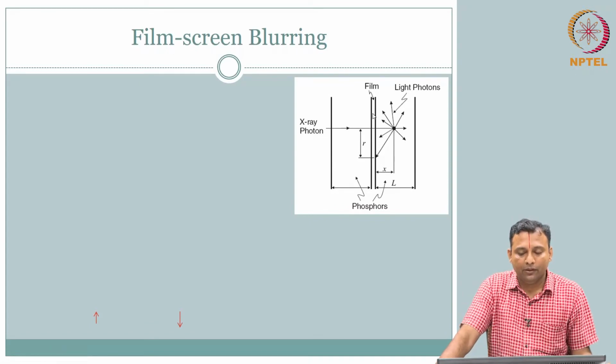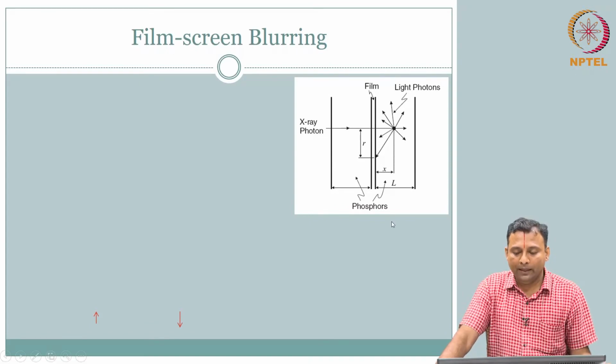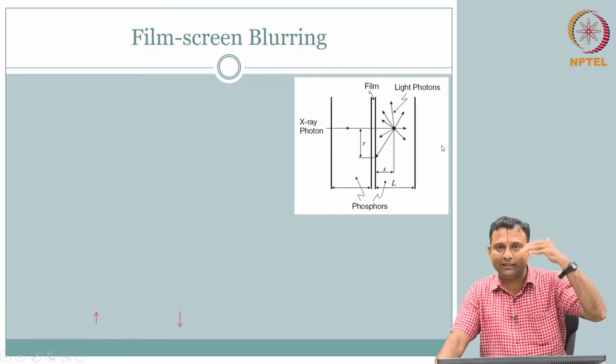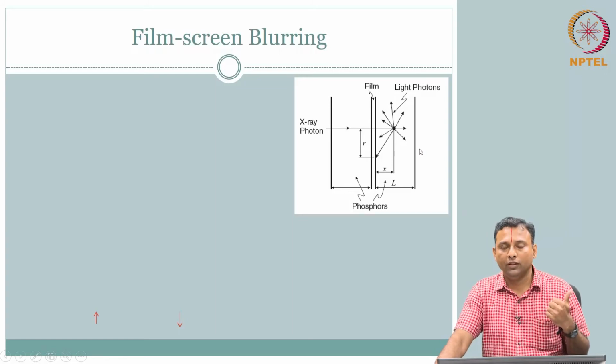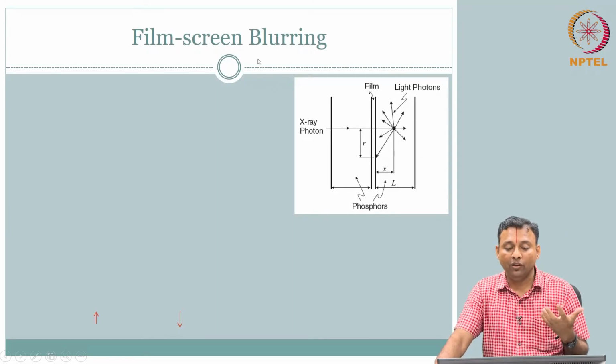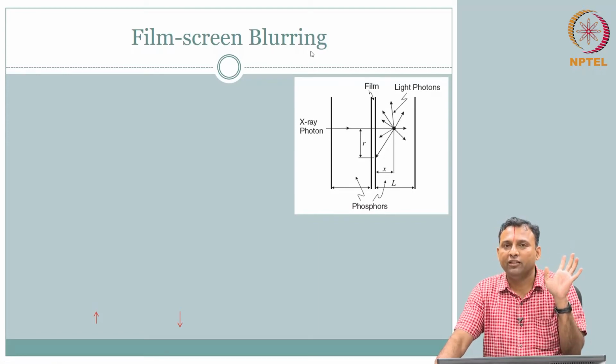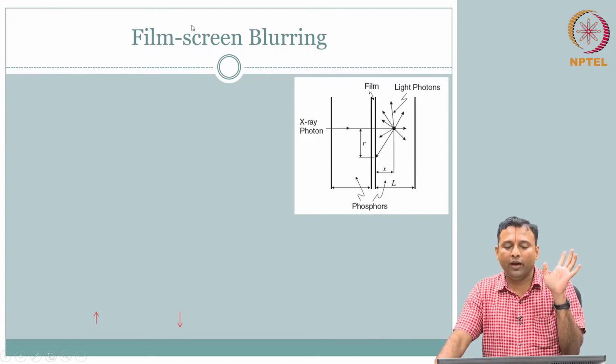Clear? So in some sense, from a systems point of view, you should start to think of film screen blurring. What did we talk about? Oh, we talked about the point spread function. Is there a point spread function due to your film screen?